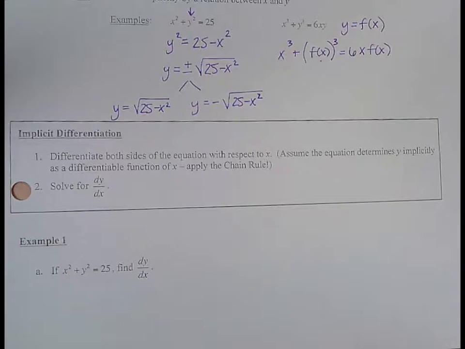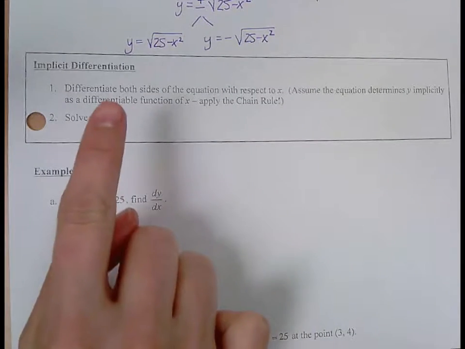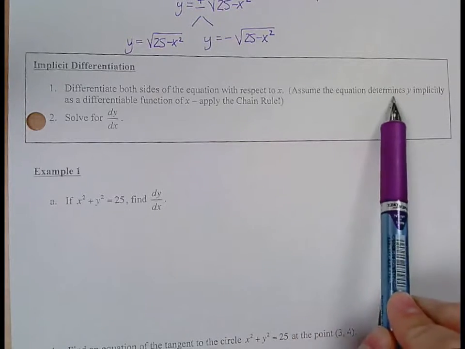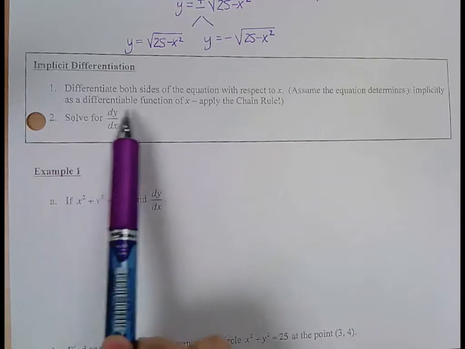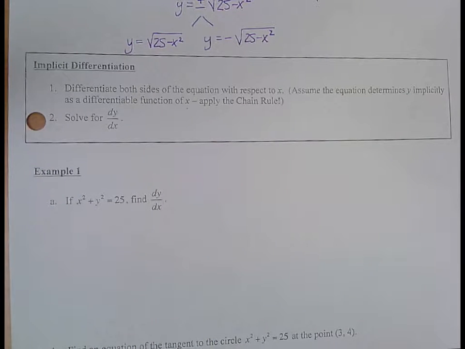So implicit differentiation, there's two main steps, and within that you're going to have multiple steps. But the two main steps you need to know, the first step is to differentiate both sides of the equation with respect to x. Like I said, you're assuming the equation determines y implicitly as a differentiable function of x, and that's why the chain rule will be applied. We'll talk about that.